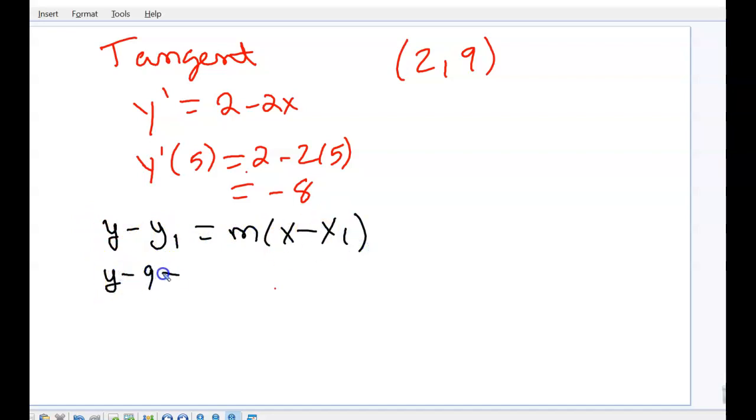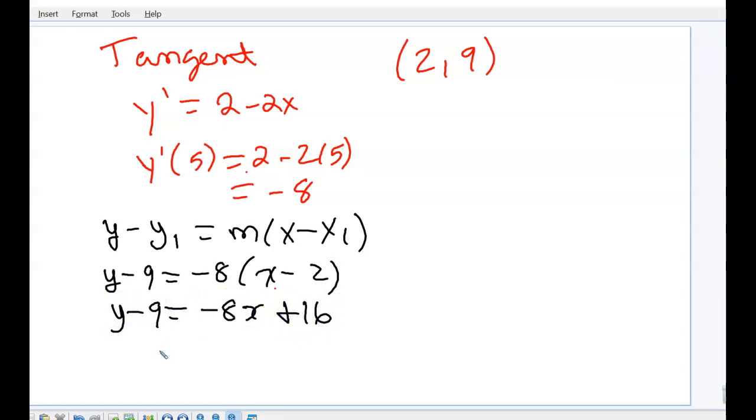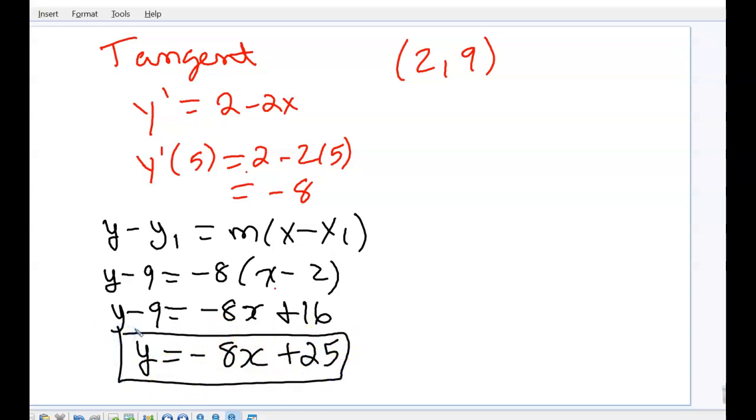So y minus 9 is going to be negative 8 times (x minus 2). This will be negative 8x plus 16. And if I add 9 to the other side, I'm going to get negative 8x plus 25 would be the first equation of tangent line.